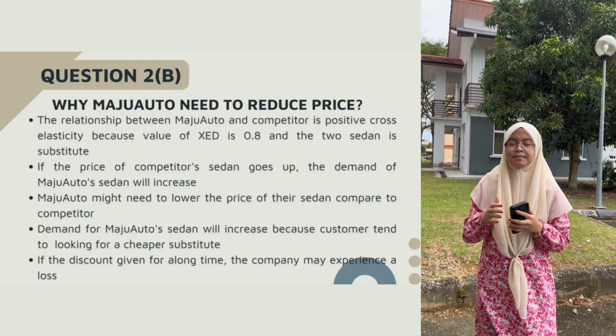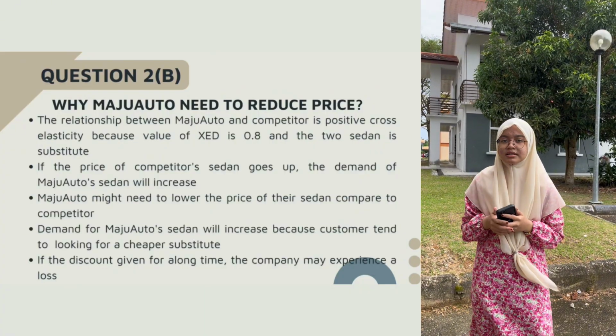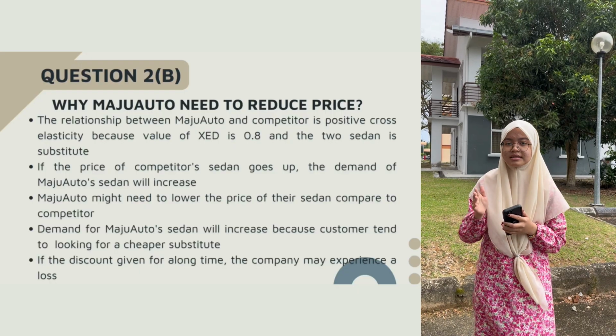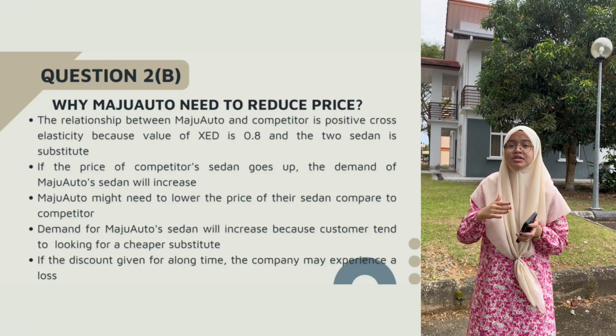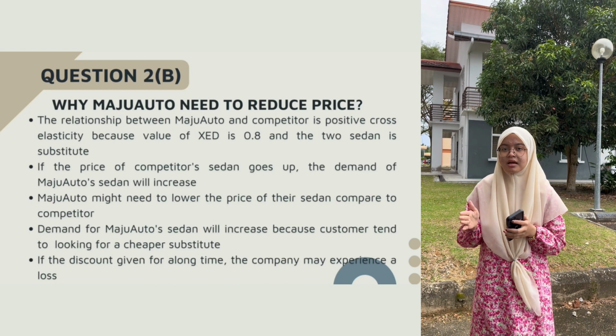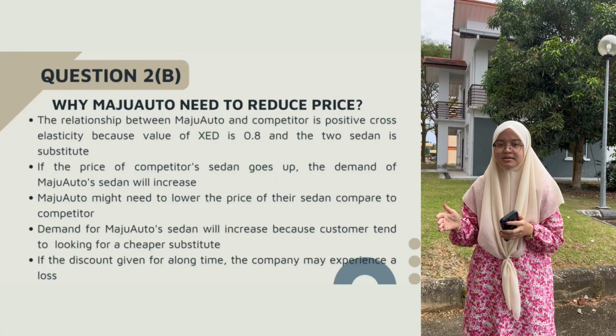So if the price of the competitor's sedan goes up, the demand for the Majus Auto sedan will increase because customers will change to Majus Auto sedans as the competitor's sedan gets more expensive.